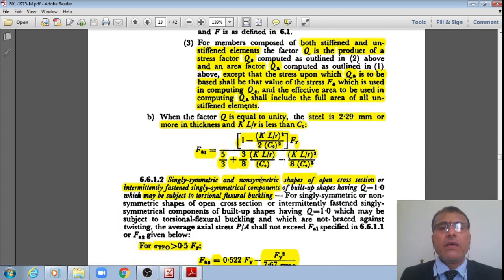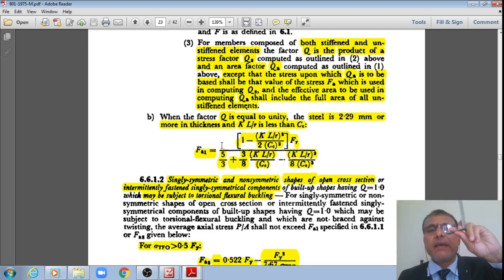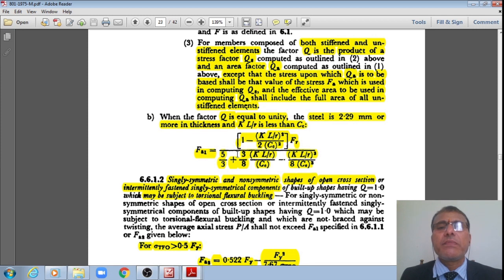Now, if Q is equal to 1, the steel is 2.29 mm or more in thickness, and the slenderness ratio KL by R is less than CC, these three conditions, then the allowable stress FAL is equal to 1 minus KL by R whole square divided by 2 CC square, multiplied by Fy, divided by 5 by 3 plus 3 by 8 KL by R divided by CC minus KL by R whole cubed divided by 8 CC cubed.